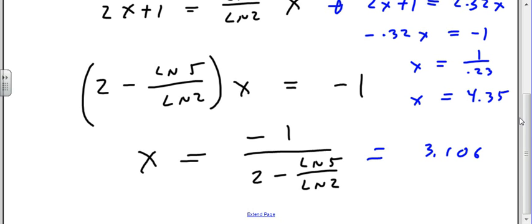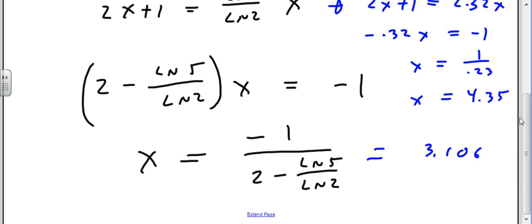So that's the second function, the guy above the sign in arc sign. 2 raised to 2 times x plus 1 is equal to 5 raised to the x.